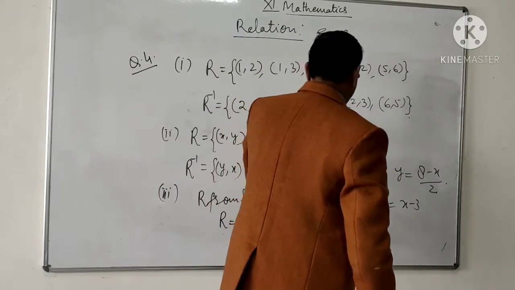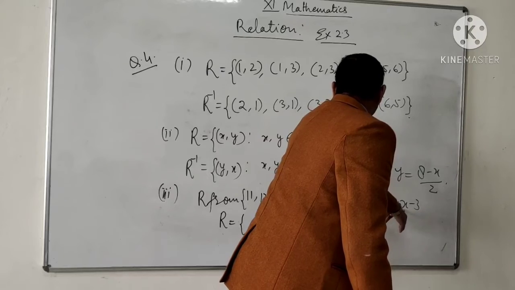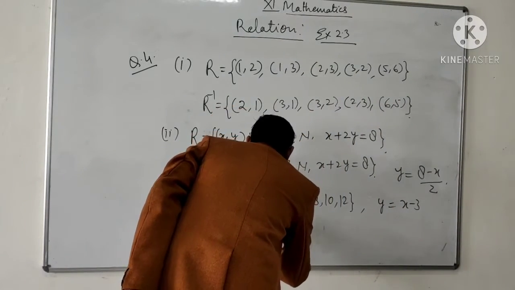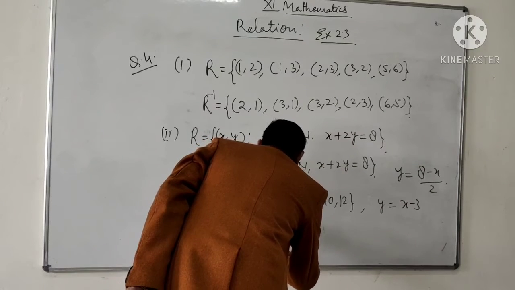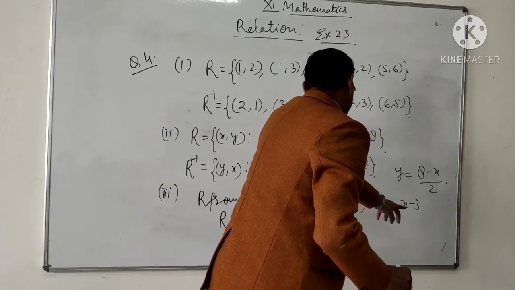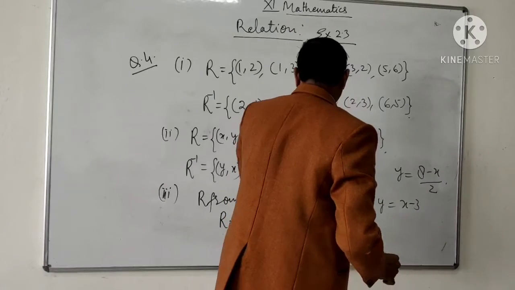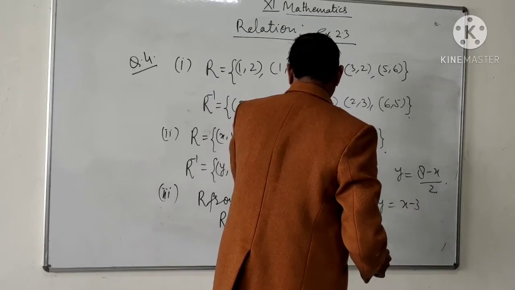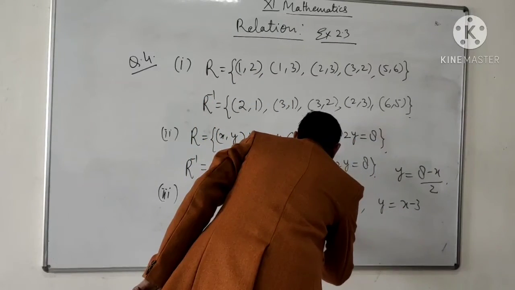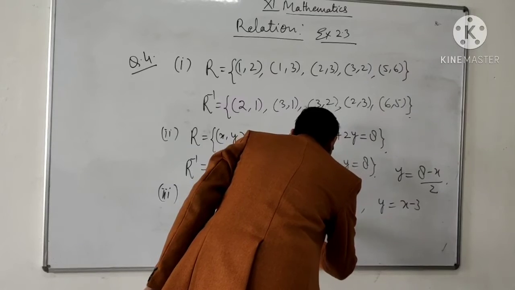let us check. If we take x equal to 11, 11 minus 3 is 8. So there is one of the ordered pairs 11 comma 8. Then 12 minus 3 is not equal to 10. Then yes, next is 13 comma 10.